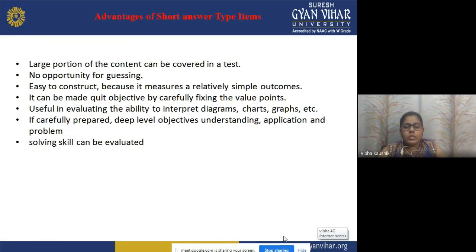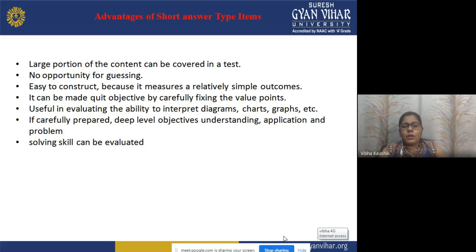Now, advantages of short answer type items. The first one is that a large portion of the content can be covered in a test, meaning the whole course will be covered when a teacher is framing short answer type items. There is no opportunity for guessing.